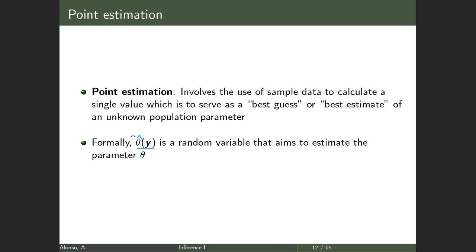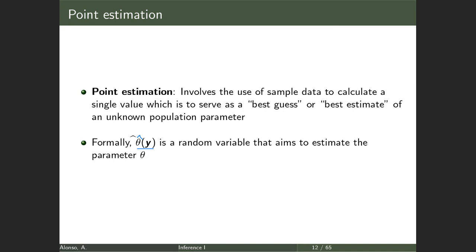Now this guess is going to be a function of y. It's just a formula. We're going to use the data to guess the unknown value of theta. And of course, if you repeat your experiment, your data will change because your data have sampling variability, biological variability. When you repeat your experiment and you get different data, then your guess is going to change.